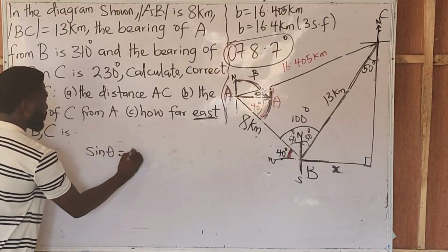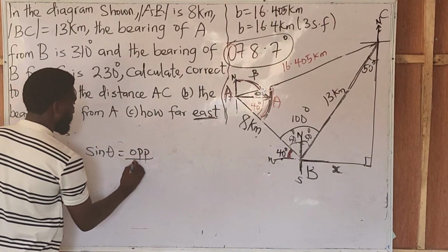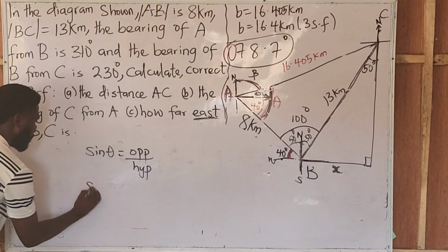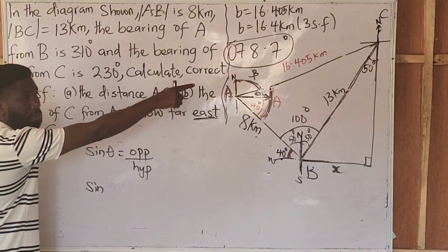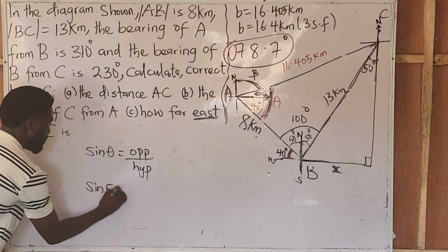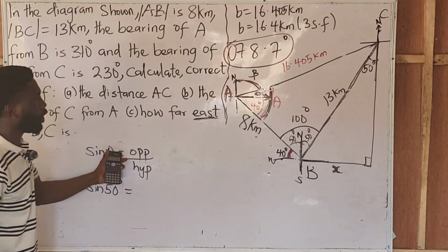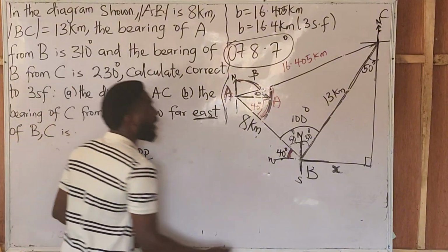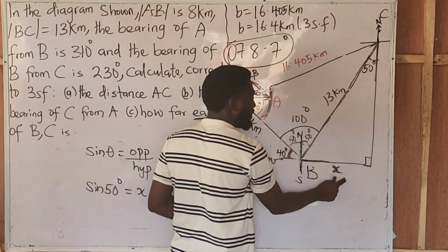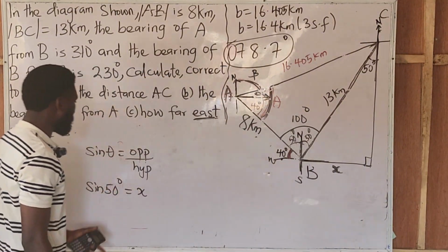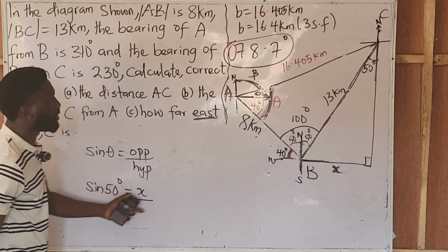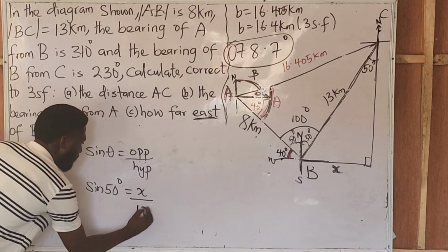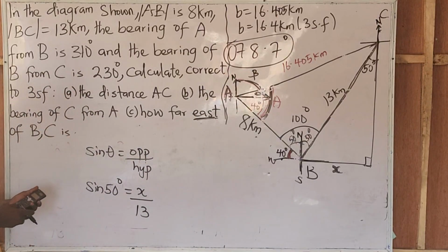Sine theta equals what? Opposite over hypotenuse. So what's the theta there now? That is 50 degrees. Sine 50 degrees equals, what is the opposite? Opposite is x. So wherever you have the side that the angle is facing, represent the opposite. So that is x over, and the hypotenuse there is what? That is 13.